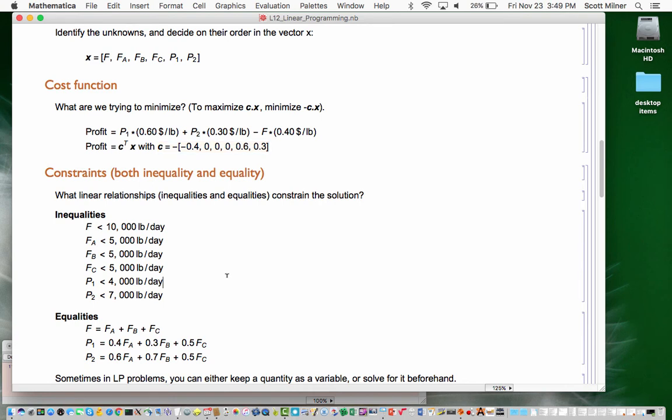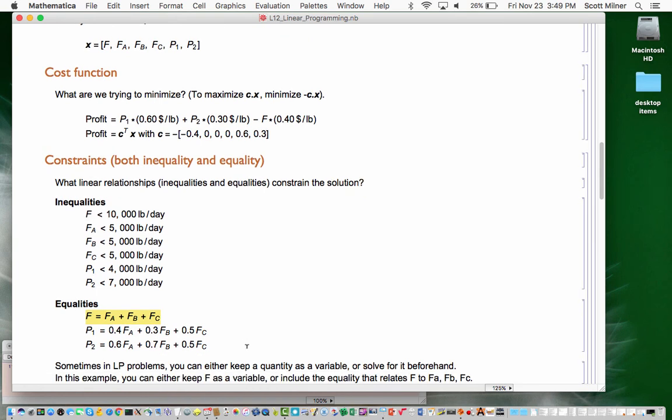Sometimes in linear programming problems you can either keep a quantity as a variable and then have an equality which relates it to others, or solve for it beforehand, and that's just simply a choice for convenience.